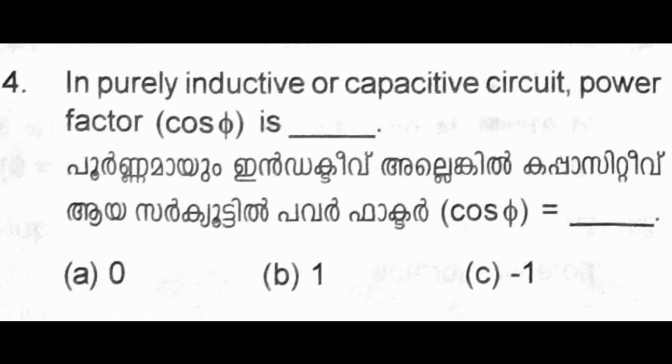What will be the phi value in the case of an inductive or capacitive circuit? That is 90 degree, right? If phi is 90, what will be cos phi? Cos phi is equal to cos 90, so the value is 0. The answer is option A, 0.